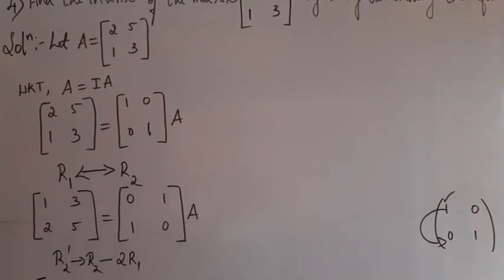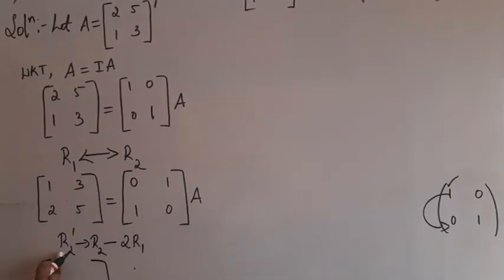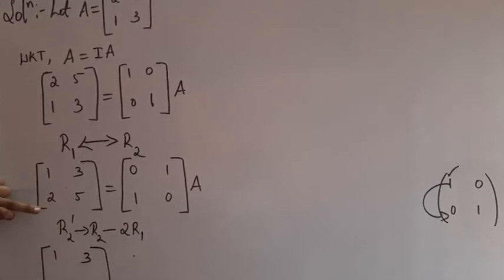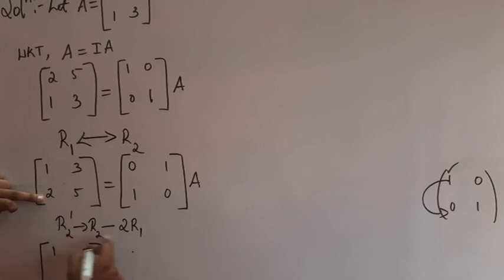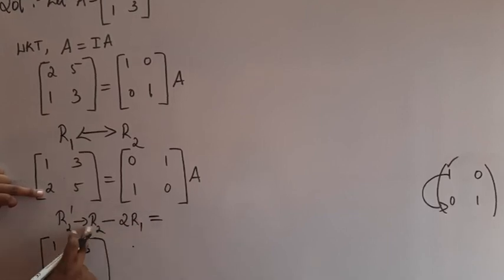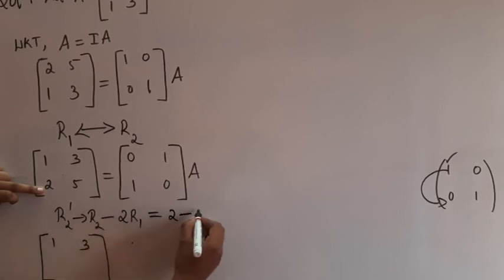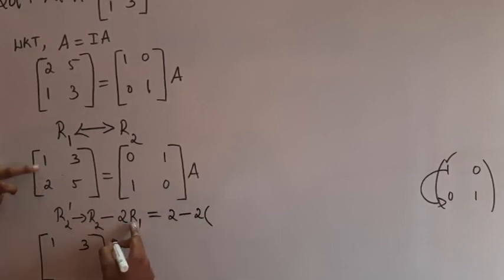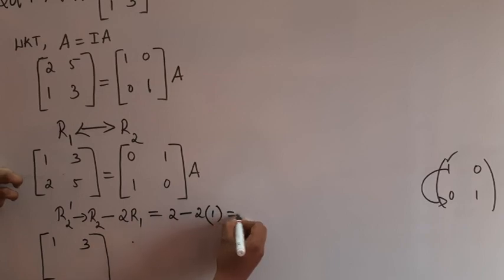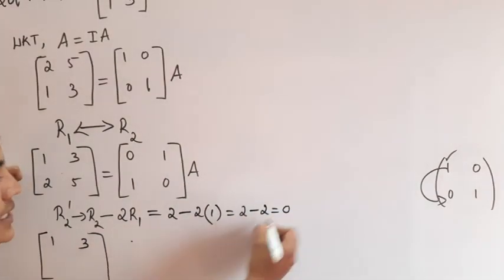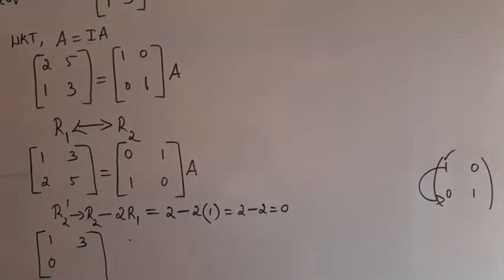Here we are applying only for the second row, R2. Write the first row as it is, that is 1, 3. Apply for the second row now. This is the elementary transformation. See here, R2. First number is 2 minus 2 into R1, that corresponding R1 is 1. So 2 minus 2 ones are 2, 2 minus 2 is 0. Here we are getting 0.